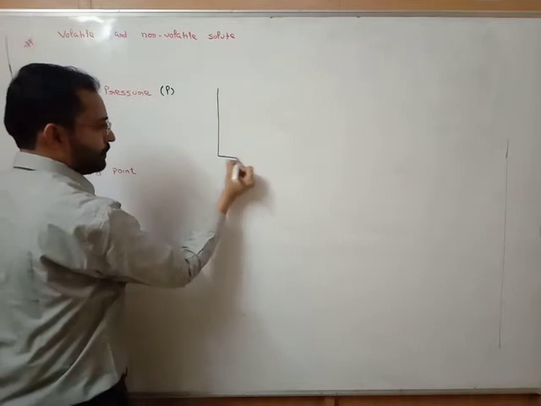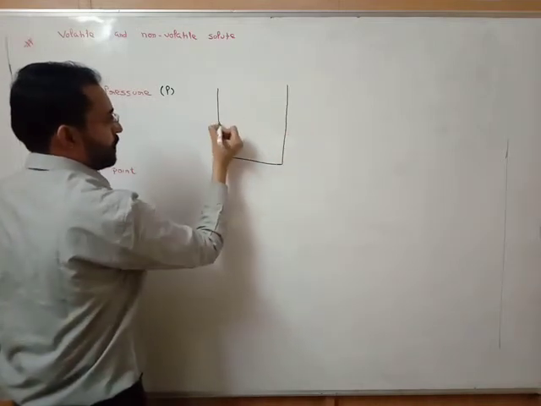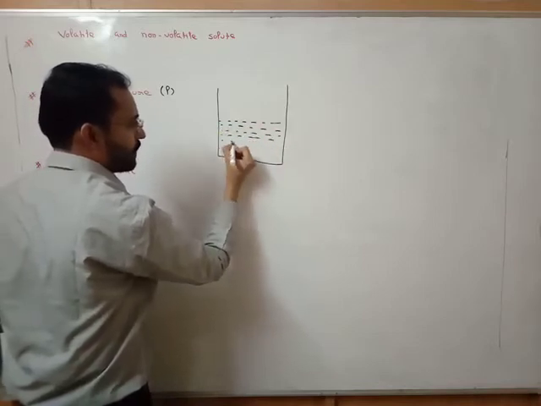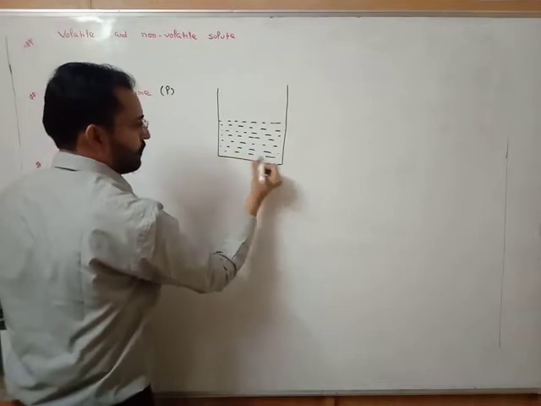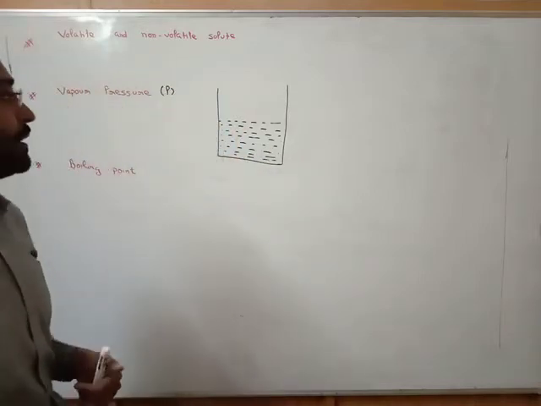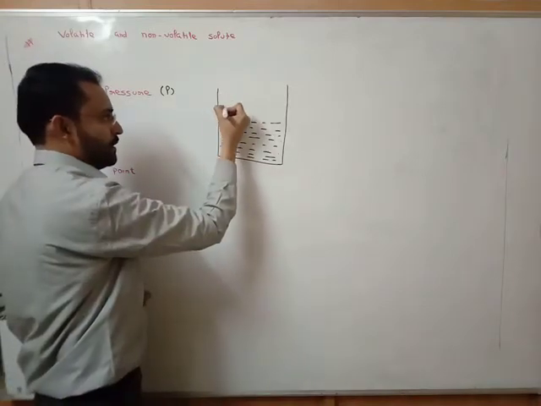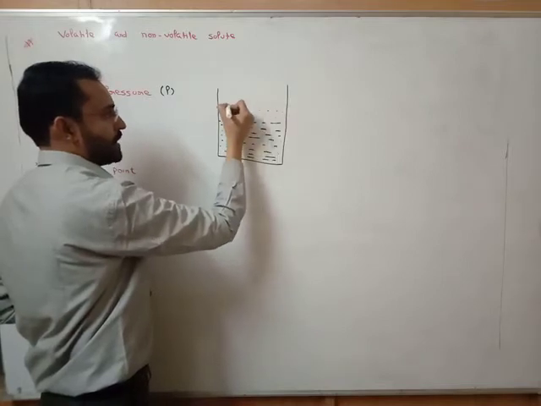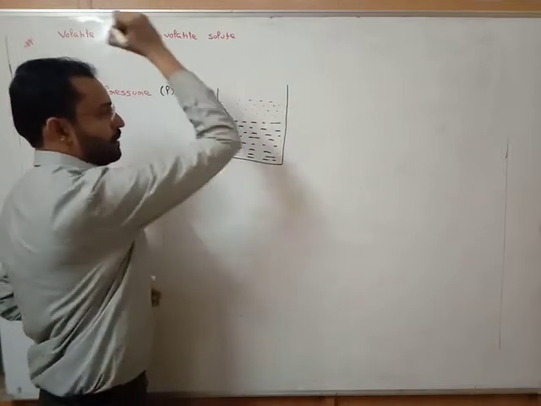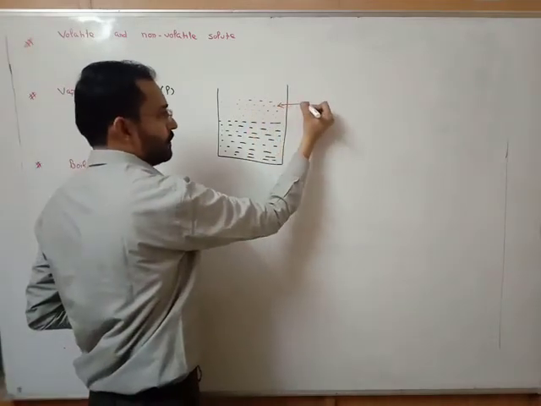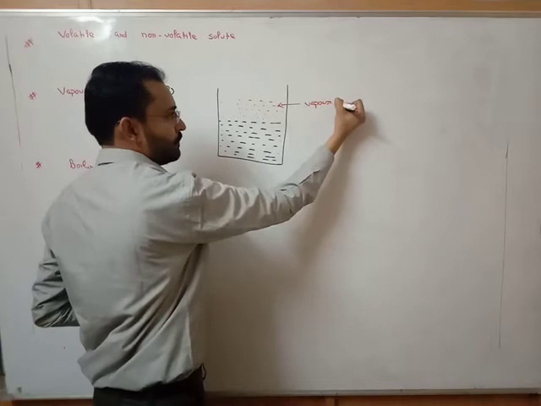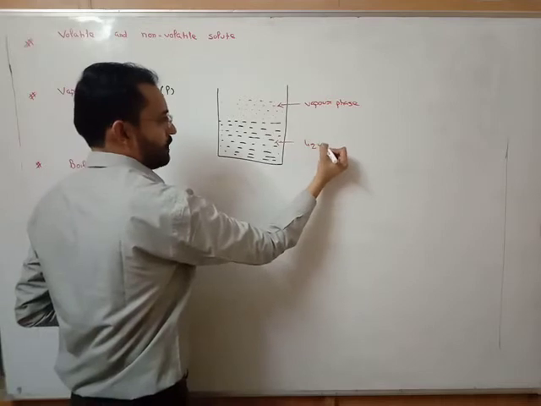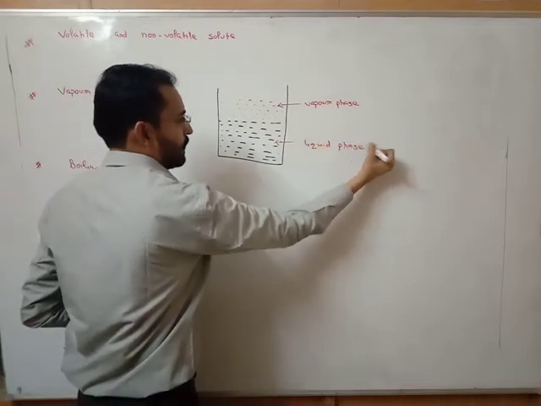Okay, then there is a term vapor pressure. Consider this beaker containing solution of a solute which is volatile in nature. That means some of the vapors are present in the beaker. It's the vapor phase. This one is liquid phase.